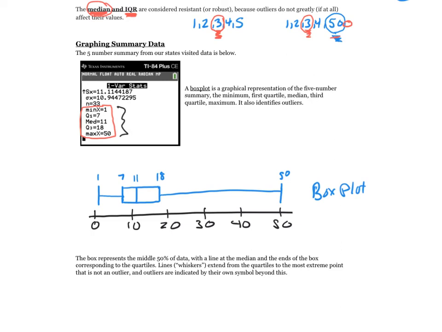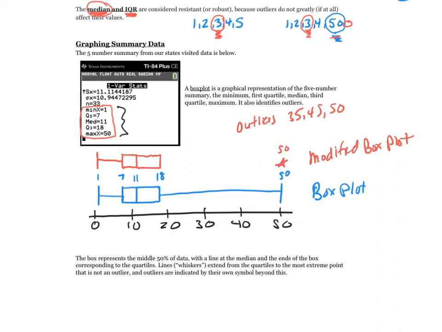So if I was going to do a modified box plot, and I'll do that in red right here, I would show the minimum, the first quartile, the median, the third quartile. But for the presence of outliers, and our outliers were at 35, 45, and 50. That was using the IQR times 1.5 method. So I would make a star at one outlier. I'd make a star at the other one. And I'd make a star at 35.